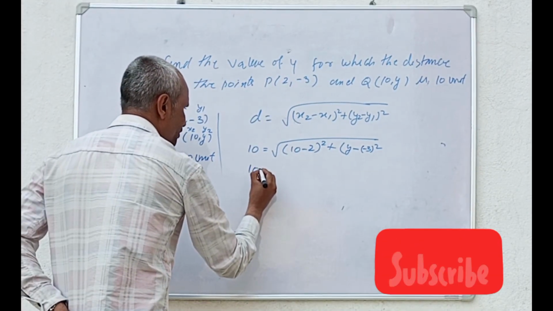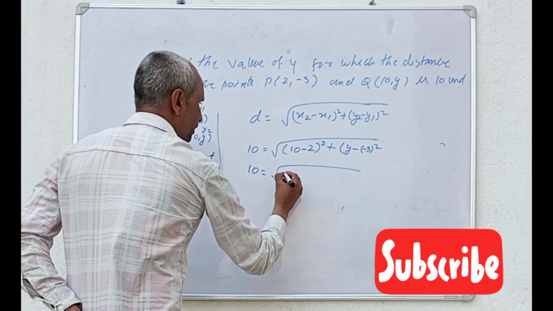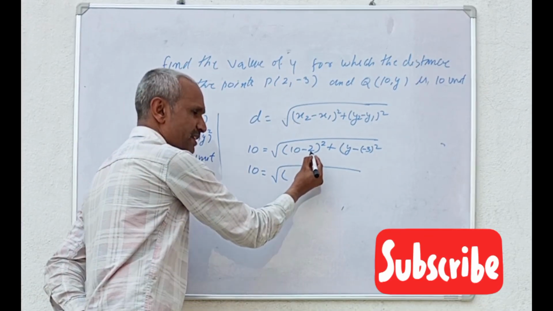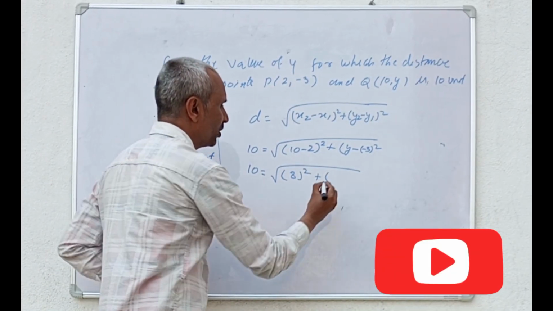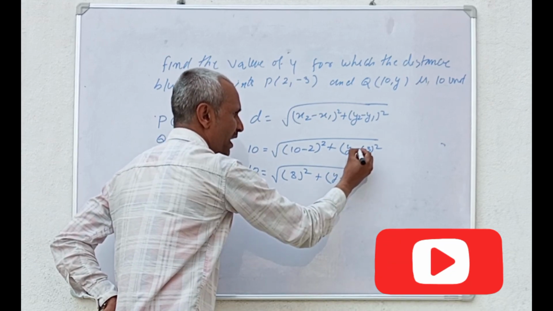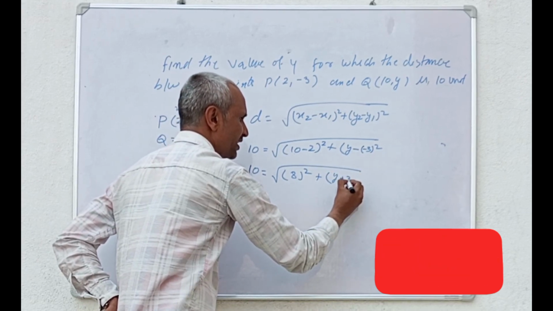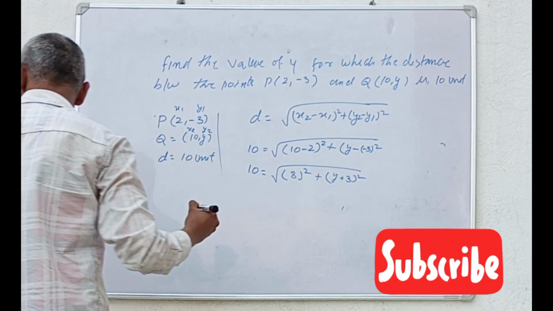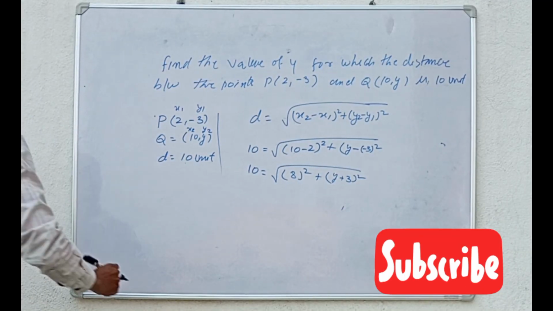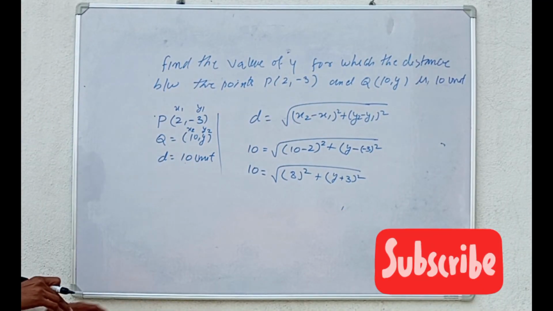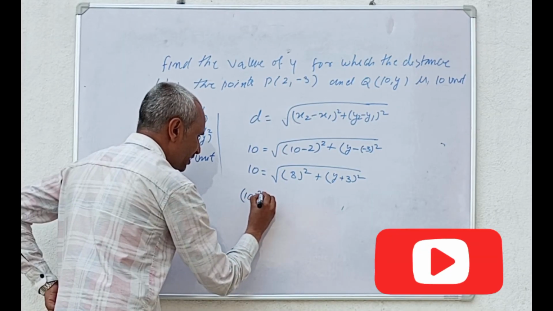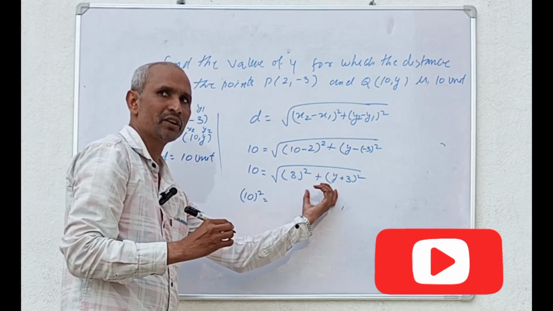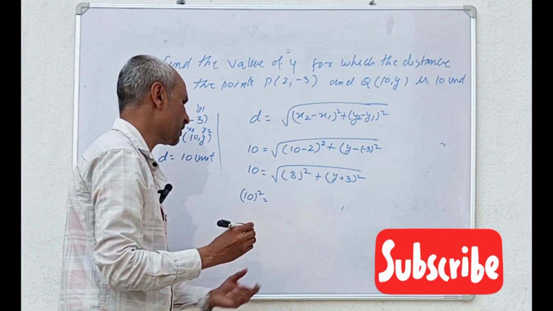Again we can write 10 is equal to root of (10 minus 2, which is 8) square plus (y minus into minus becomes plus 3) whole square. Now, to solve the root, we square on both sides. So 10 square is equal to this side squared, and the root will cancel.